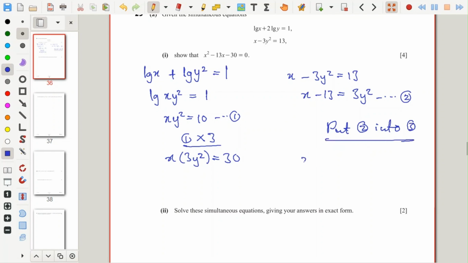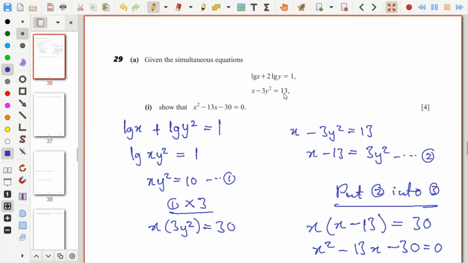So if I do so, I have x 3y squared is what? x minus 13 is equal to 30. So if I expand this, I'll get x squared minus 13x. When the 30 comes to the left hand side, minus 30. Okay, I've gotten the same thing.